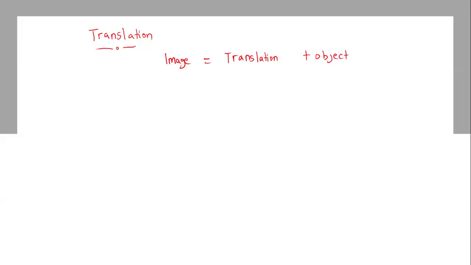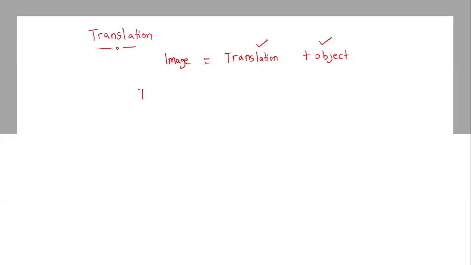So translation, we always add. The object plus the translation vector will always give us the image. So when you see the word translation, you're going to get your translation vector plus the object. You should be able to get the image.